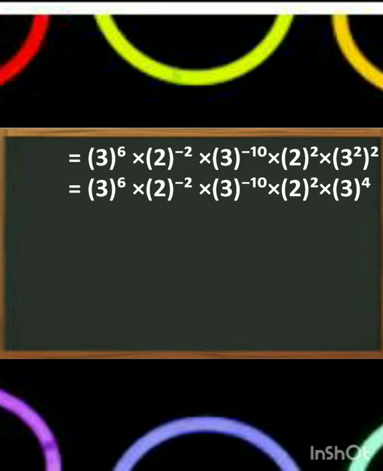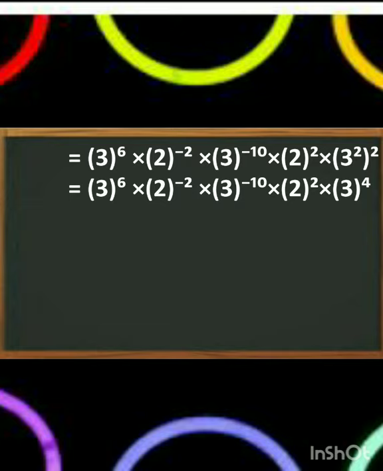So 3 power 6 into 2 power minus 2 into 3 power 5 into 2 is minus 10. Then 2 square into 3 square the whole square. Then again 3 power 6 into 2 power minus 2 into 3 power minus 10 into 2 square into 3 power 2 into 2 is 4.